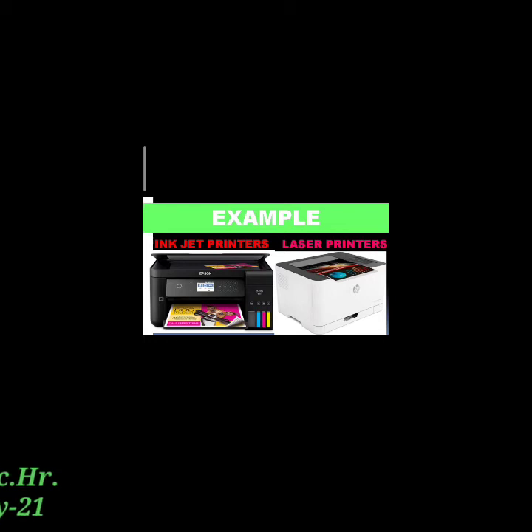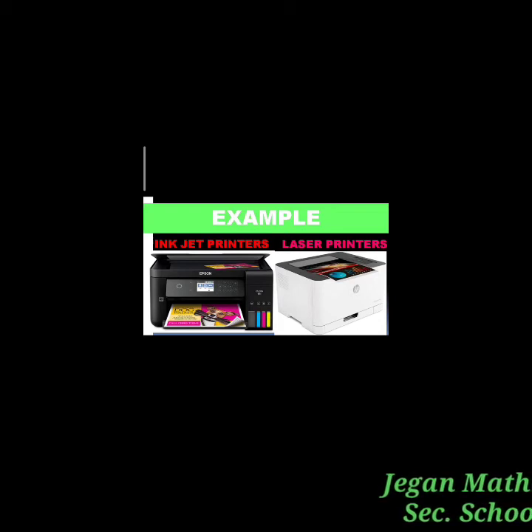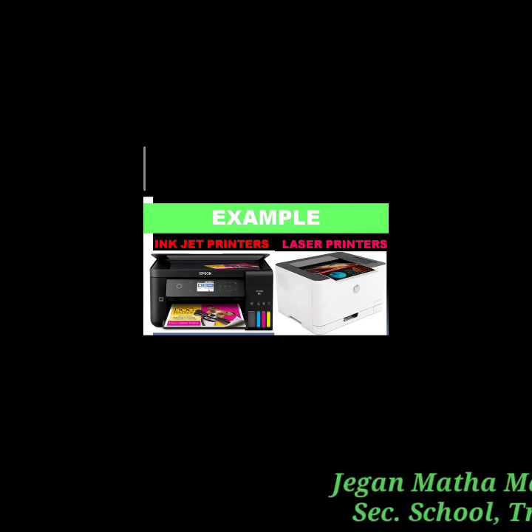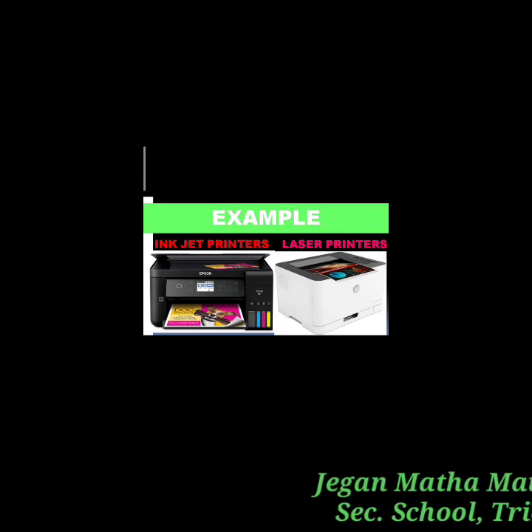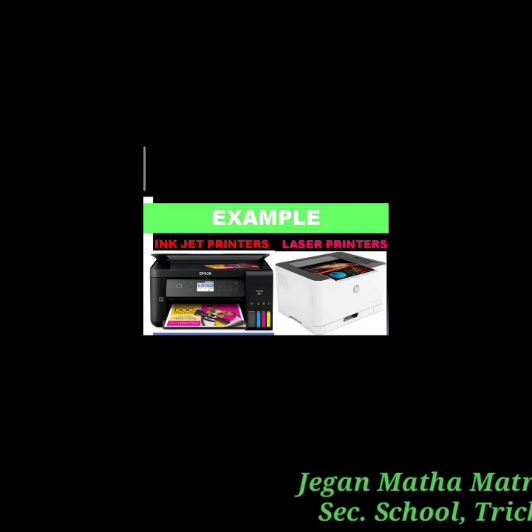Inkjet printers also support color printing. They work by spraying ionized ink at a sheet of paper. When we print some text, it sprays the ink on the paper. The speed of inkjet printers ranges from 1 to 20 pages per minute.